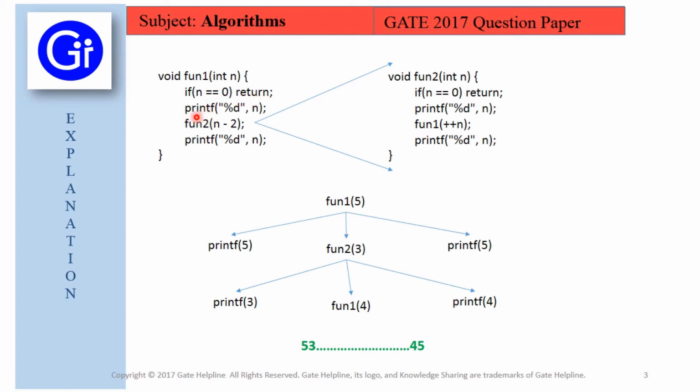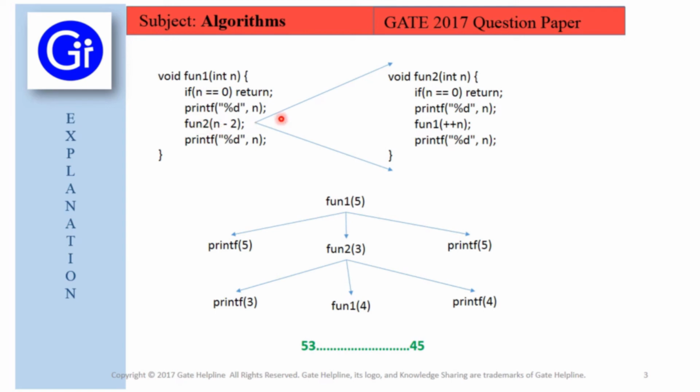Later, there is a print statement that prints the value of n. After that, there is a call to function 2 with the value reduced to n minus 2. Then there is a print statement which prints the value of n.